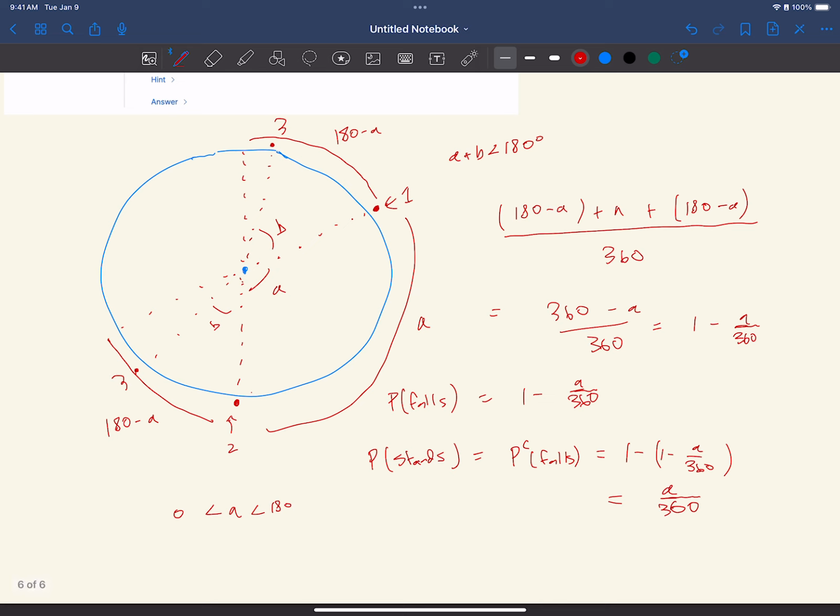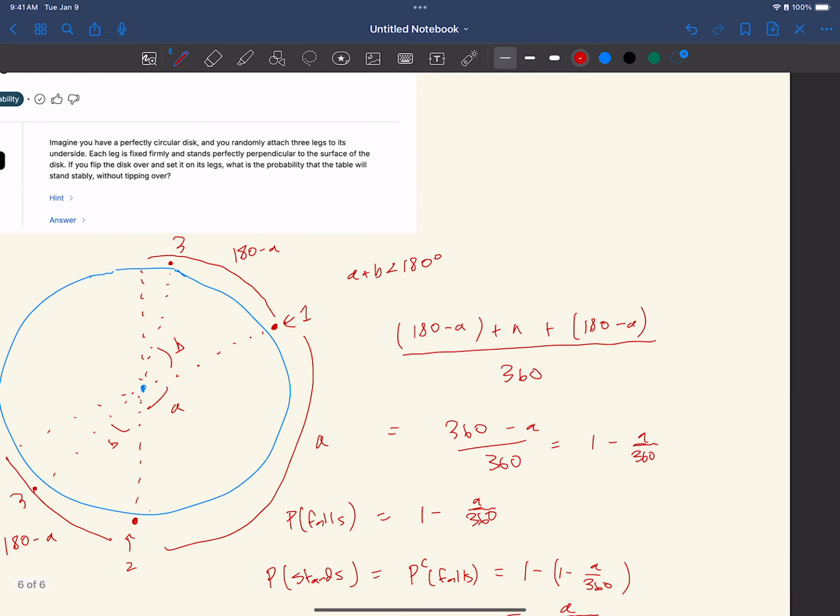And so the reality is, if we look at the distribution of P of A, it will just be 1 over 180 for the distance of 0 to 180.